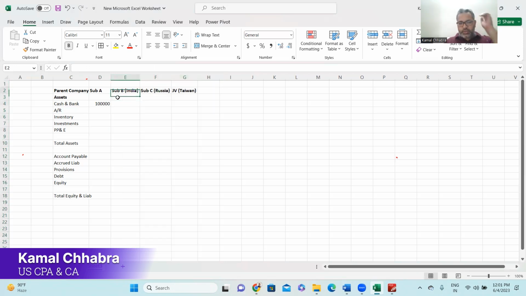So they all have different currency. This is, let's say, they have INR, they have rupees.